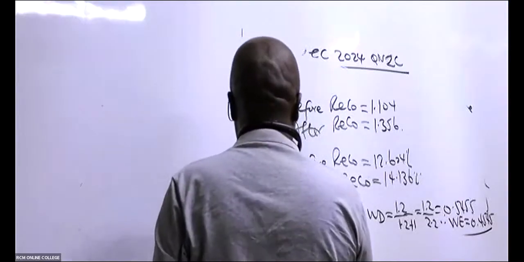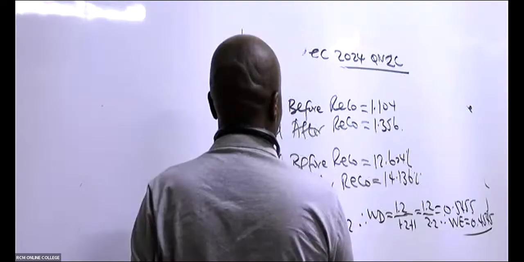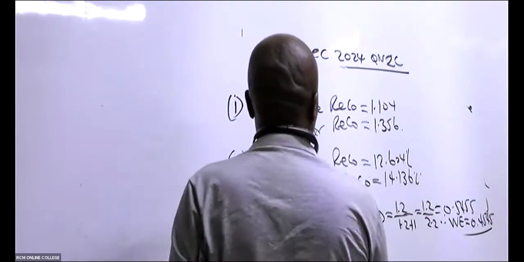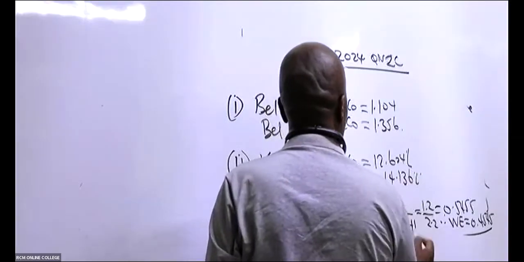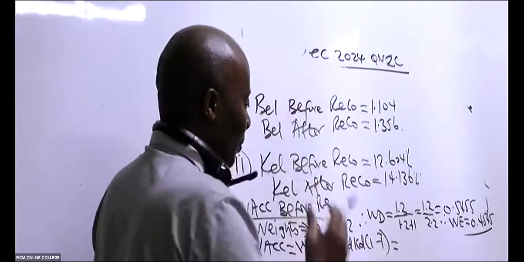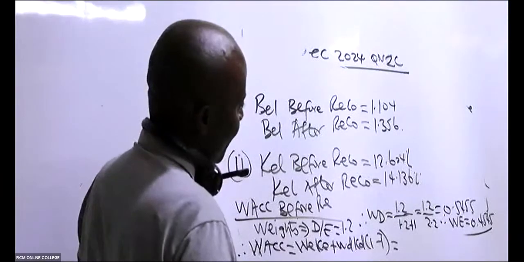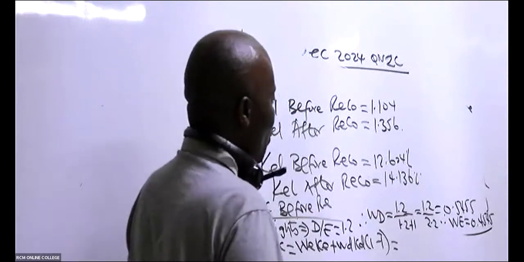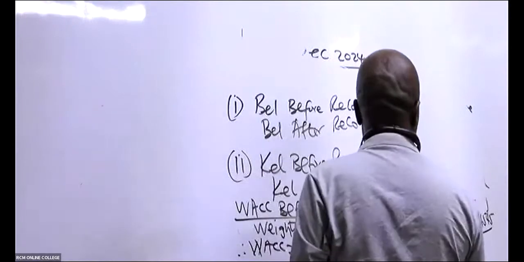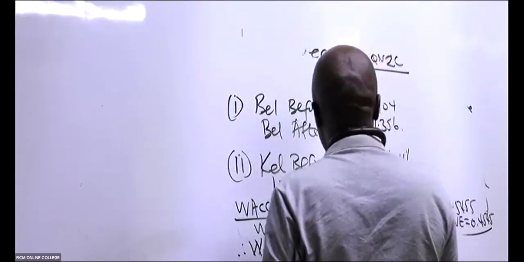And therefore, our WACC will be weight of equity times cost of equity plus weight of debt times cost of debt, after taxation. So then give me the weight of equity, 0.4545 times cost of equity before.